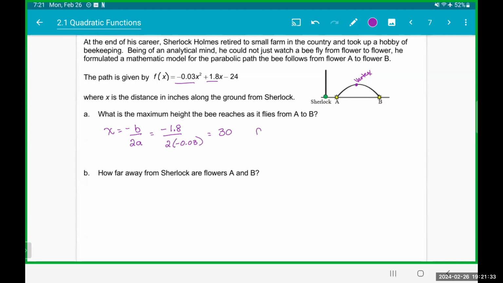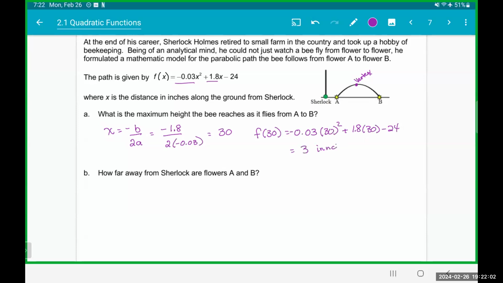So I plug that into my function. My function evaluated at 30 is negative 0.03 times 30 squared plus 1.8 times 30 minus 24. And that's going to equal 3.